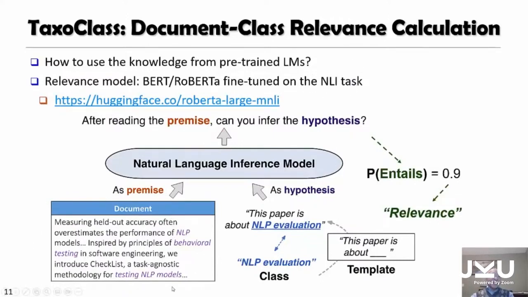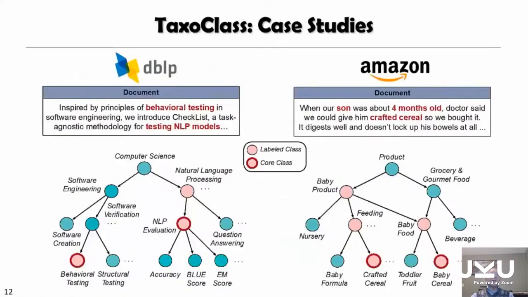For example, if you get this document and look at the whole structure, at the lower level we can think this paper is about NLP evaluation. But how do you know it's about NLP evaluation? What you can do is use a natural language inference model, take this document as the premise, and as the hypothesis, put in a few candidates at that level, and see which candidate gives you the highest probability, okay?